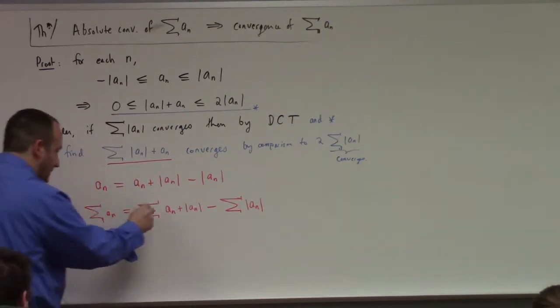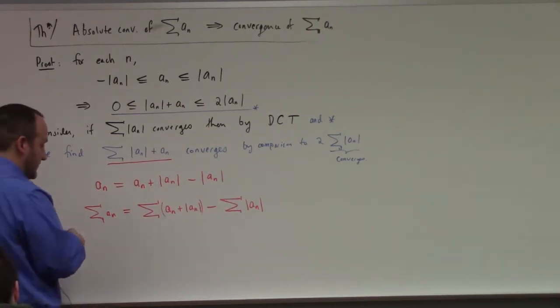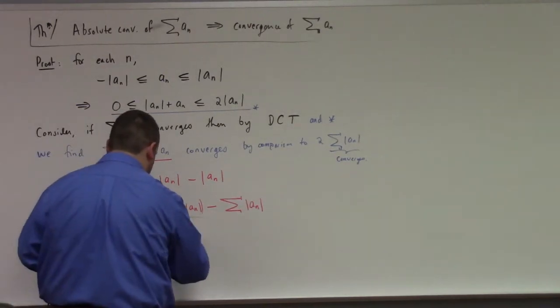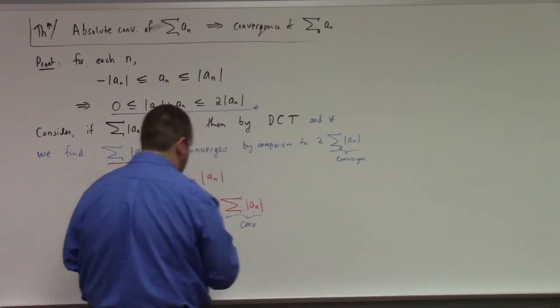All right? But both of the things I wrote on the right-hand side, we've already shown converge. Or we've assumed that they converge because that's the precondition of the theorem, which then shows you, of course, that the series formed by a sub n converges, right? It converges by assumption.